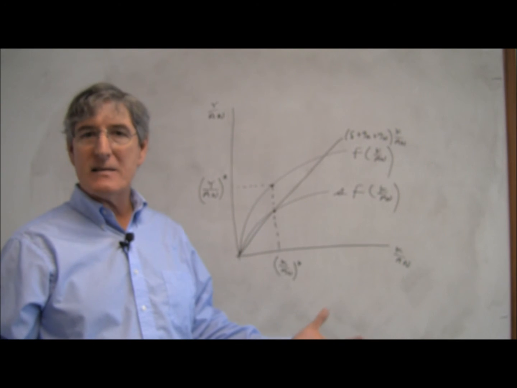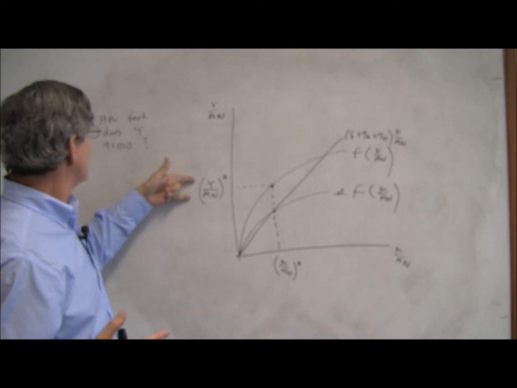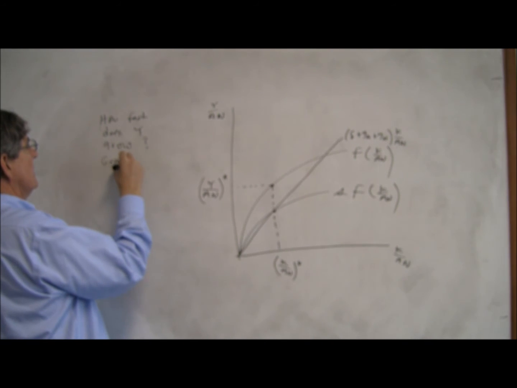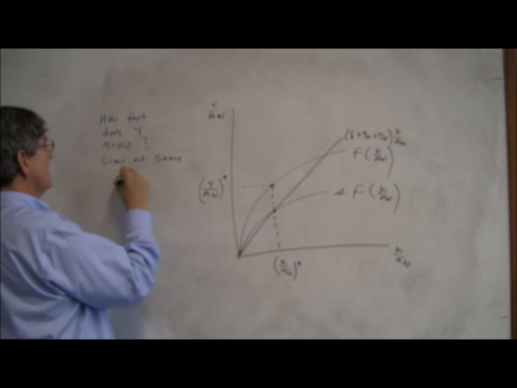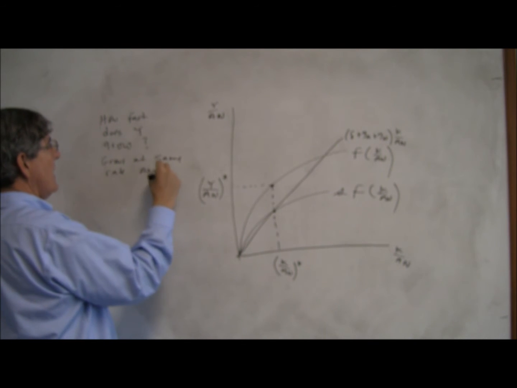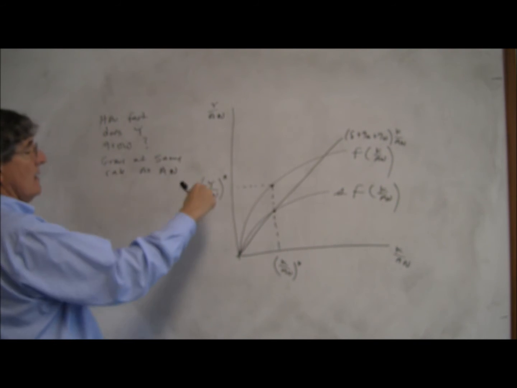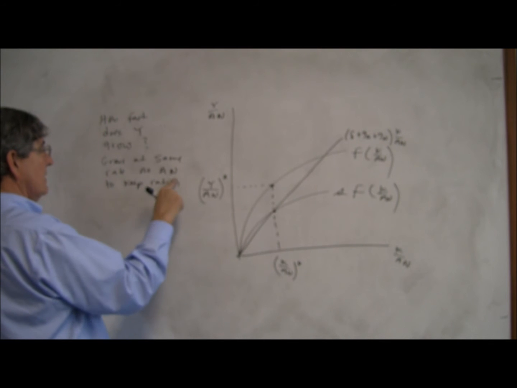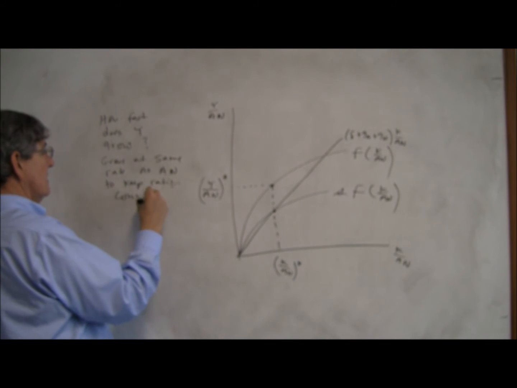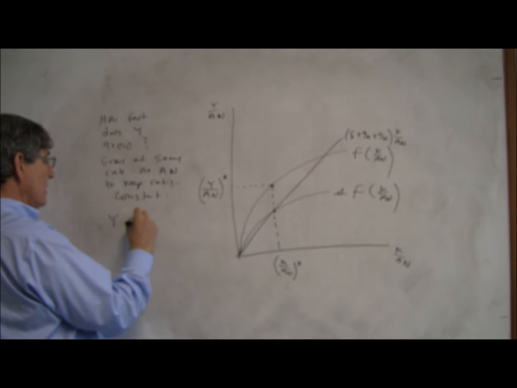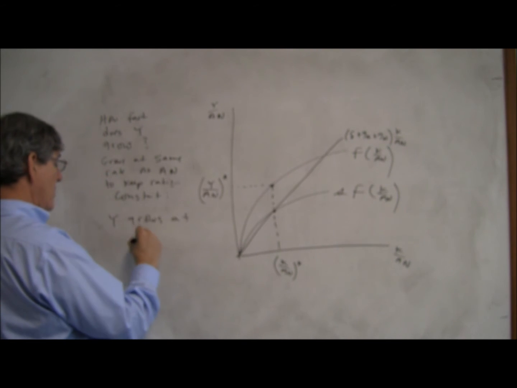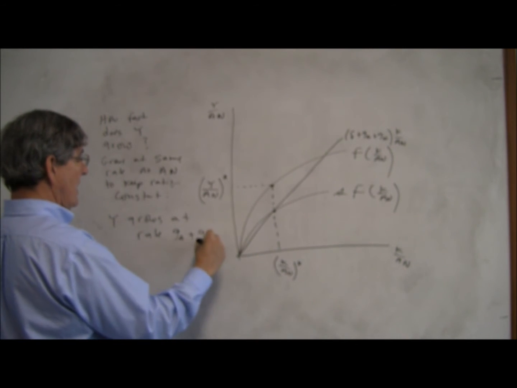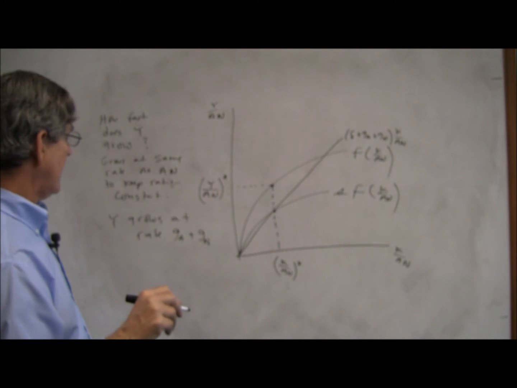It has to grow at exactly the same rate as A times N to keep the ratio constant, or this ratio couldn't be constant. So Y grows at rate GA plus GN. Okay?